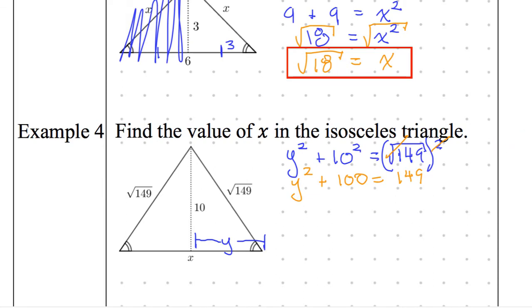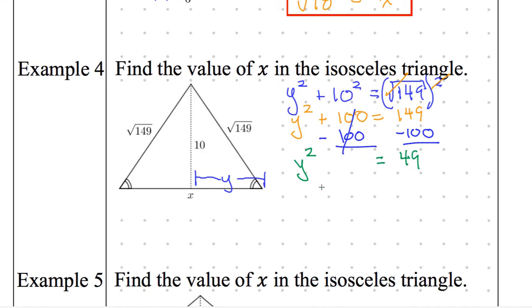And then from there, we need to get y by itself. So I'm going to move this 100 to the right-hand side by subtracting 100 from both sides. And that gets rid of the 100, and I'm just left with y squared. That's going to be equal to 149 minus 100, which is 49. And then from there, I need to get rid of the square.